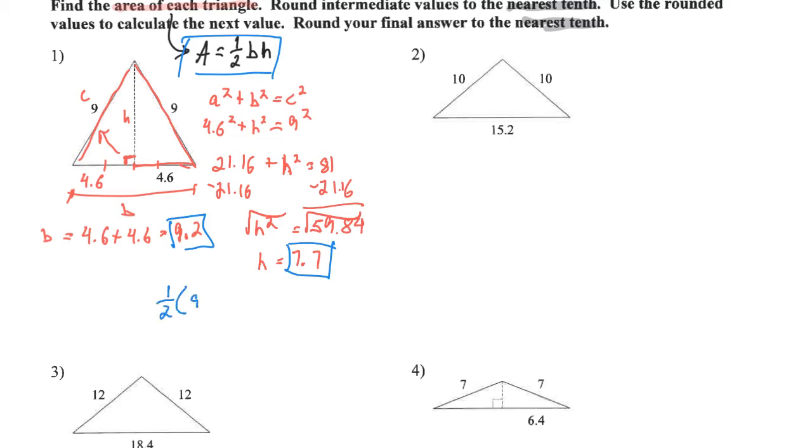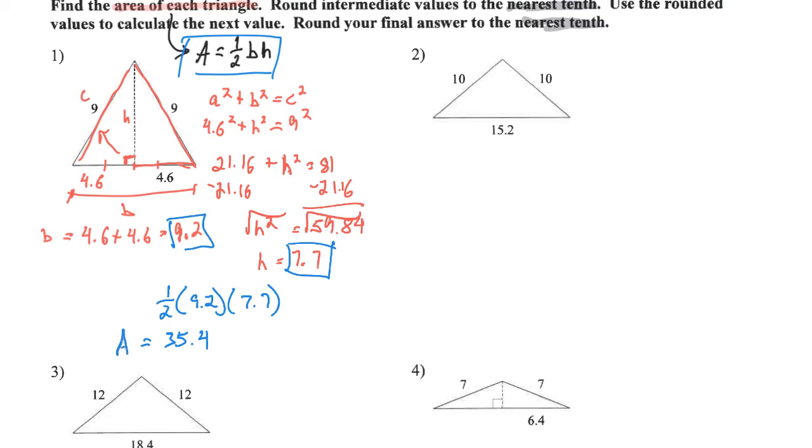So 1/2 times the base times the height. And just grab your calculator, do 1/2, which is 0.5, or you can do 1 divided by 2, times 9.2 times 7.7, and it's going to come out to be 35.42, but it says to round to the nearest tenth, so 35.4.